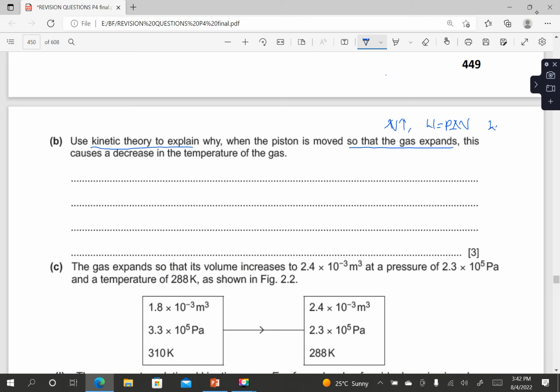We have that at the back of our mind. Then they say this causes a decrease in the temperature of the gas.